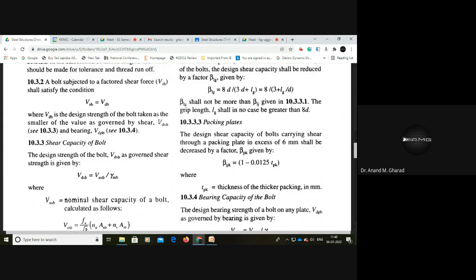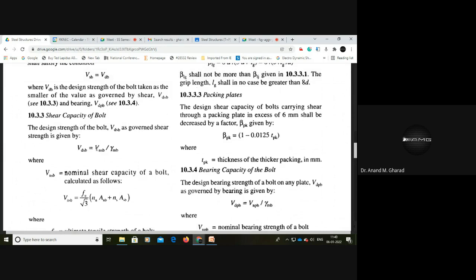VDSB is nothing but the value which is governed by shear, and VDPB is the value governed by bearing. The shear capacity of the bolt, that is the design strength of the bolt governed by shear, is given by VDSB is equal to VNSB divided by gamma MB.